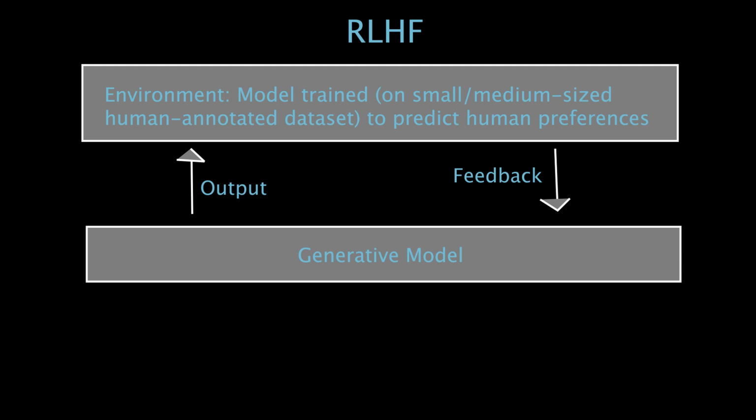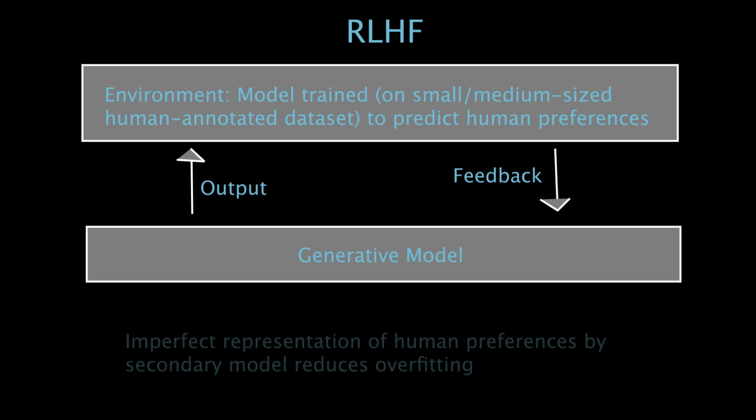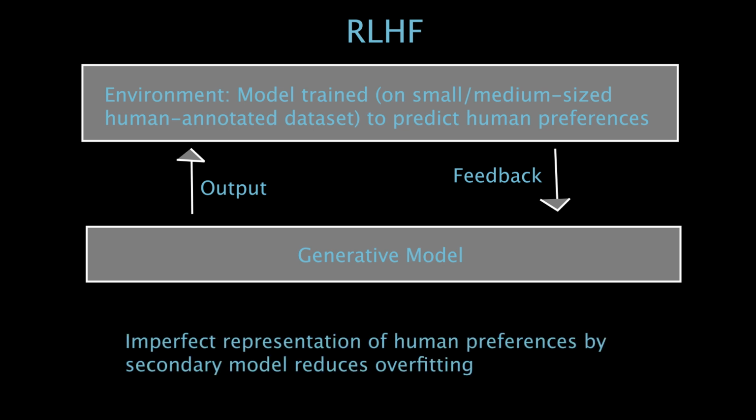The LLM then attempts to optimize its outputs to the preferences represented by the secondary model. Not only does this mitigate the bottleneck of limited human feedback data, but the imperfect approximation of human preferences by the secondary model has actually been shown to be ideal for tuning the model without overfitting.